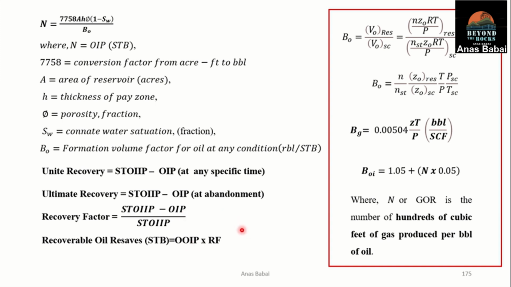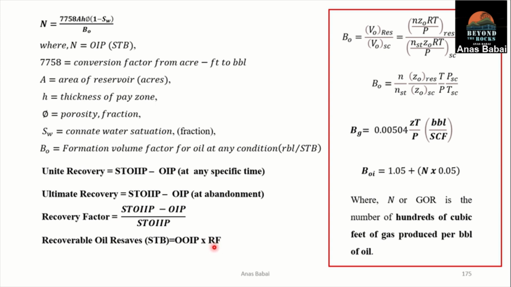in the best scenarios. And the recoverable hydrocarbon, or the recoverable oil reserve, is basically the original oil in place, or stock oil initially in place, multiplied by the recovery factor.